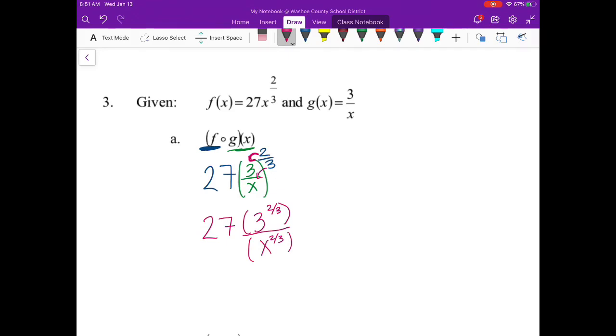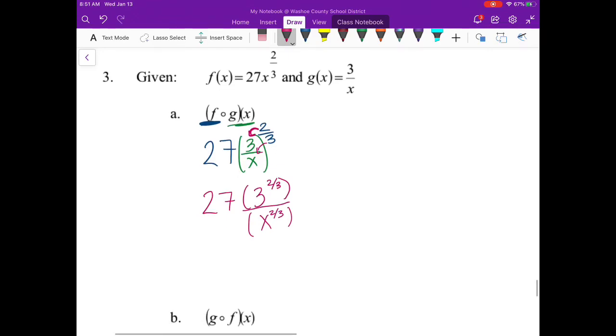Using the knowledge for exponents, I know that I can rewrite that as this is my in, this is my out, my in, my out, so that's 27. Now technically you could enter this in the calculator, finding the cube root of 3 squared and then cube root of x squared.